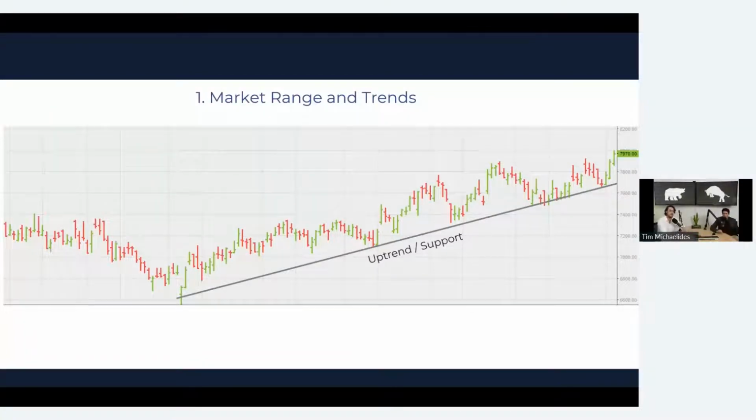The next thing that we want to do is define a bit of a market range if we can. This is not an important step because you can't always do it. But if you can draw, for example, a parallel line here, what you're essentially showing yourself visually is that this particular stock has a defined trading range that it likes to stick in for the moment, right?